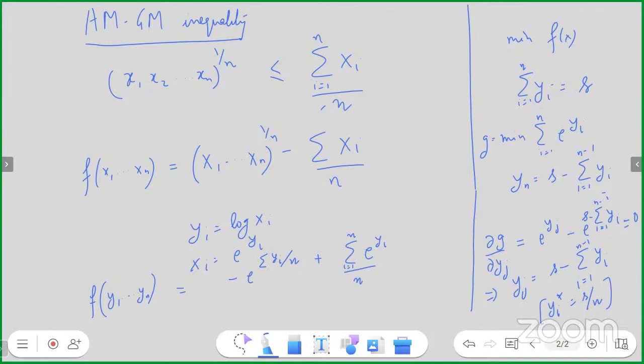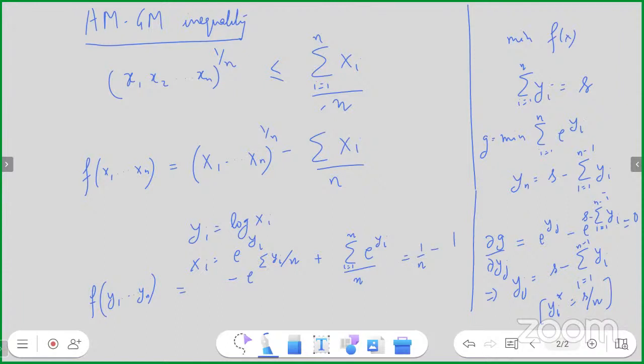Okay, so in that case, there will be a coefficient of minus 1 plus 1 by n outside. So we can write the minimum value of that as 1 by n minus 1 into e to the power minus 1.